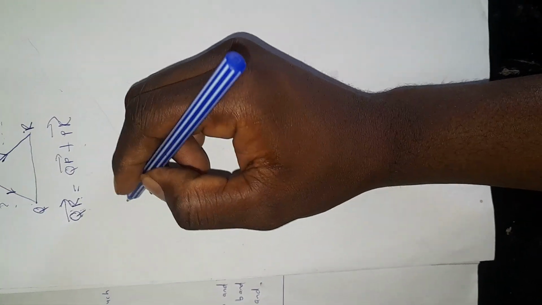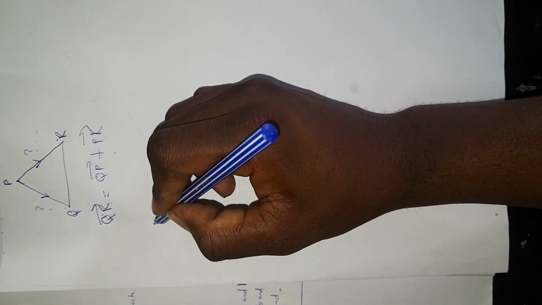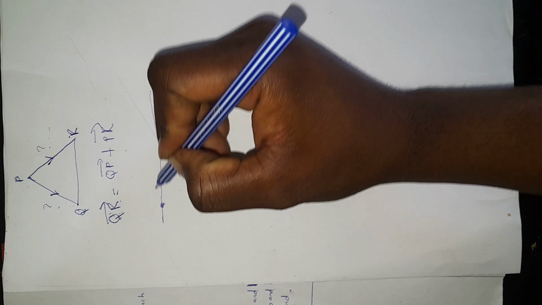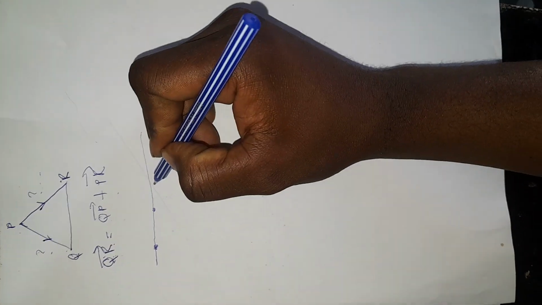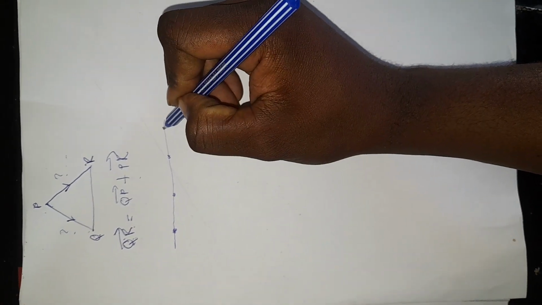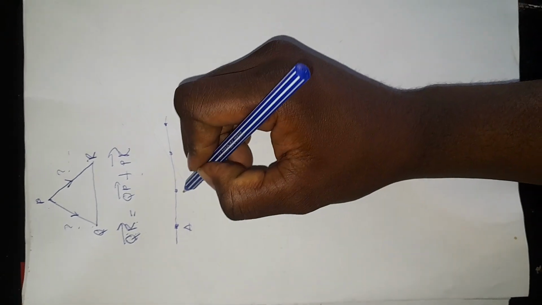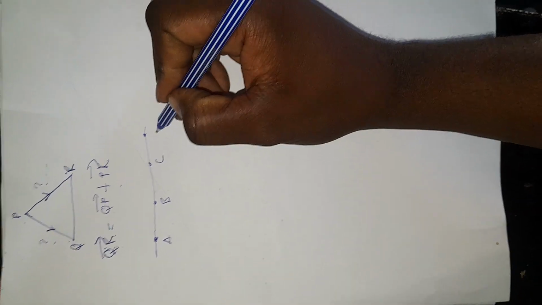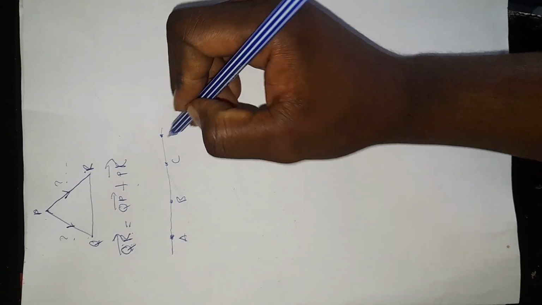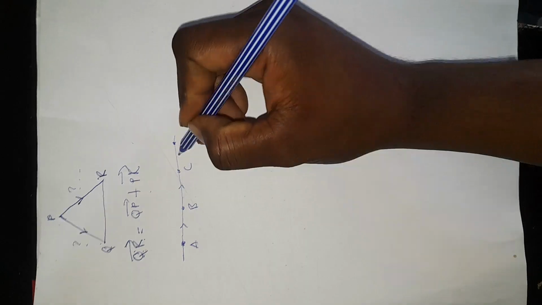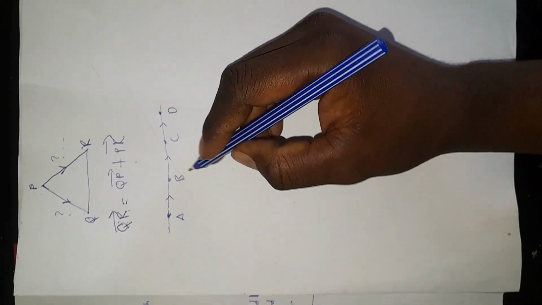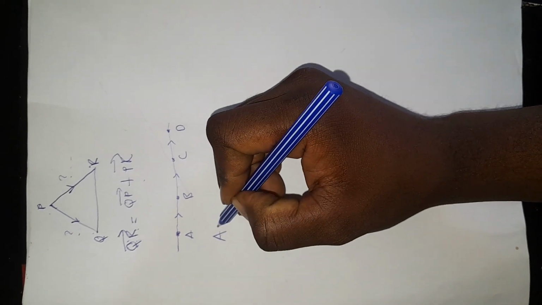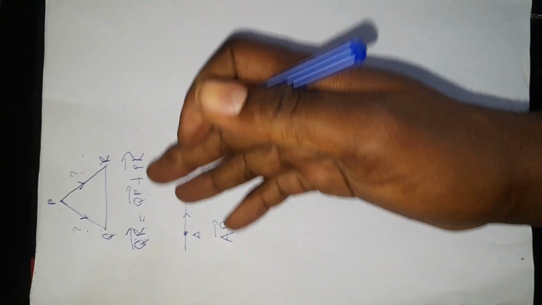Let's say you are given another example, a straight line with points A, B, C, and D, with arrows showing the direction. Then it says express AD in terms of their values.